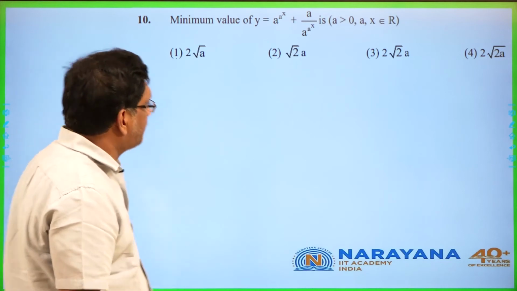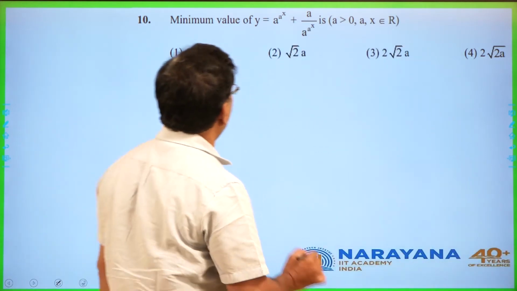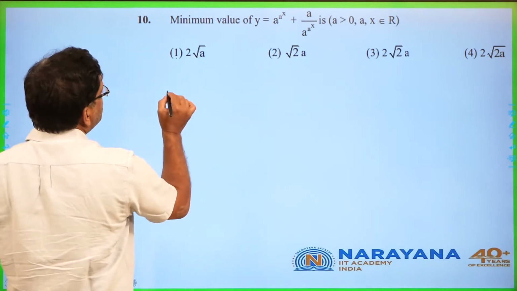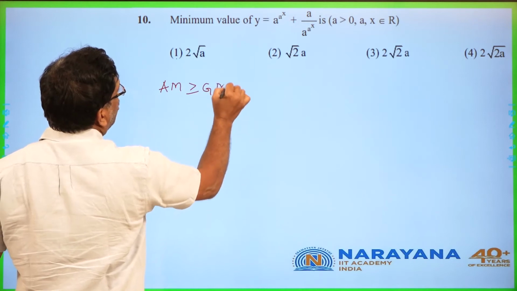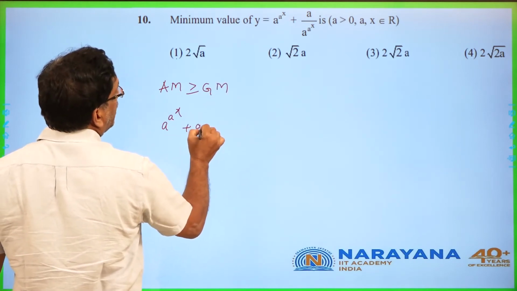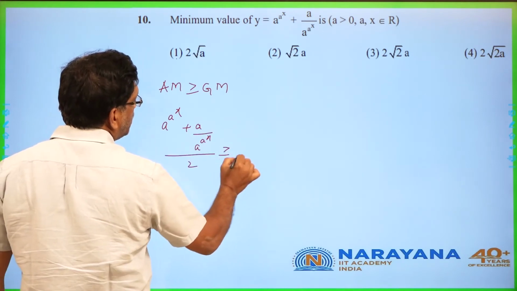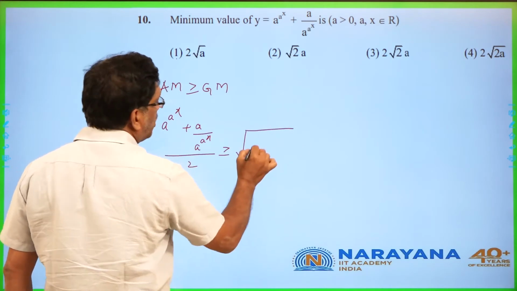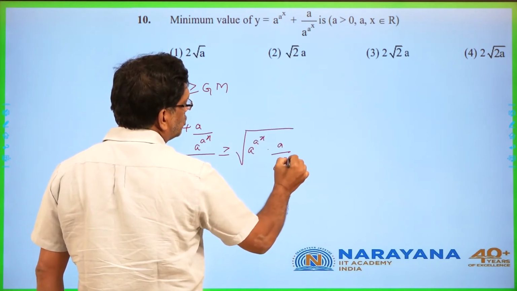Question number 10. One simple problem by using the AM-GM inequality. So whenever this is given, simply go for AM greater than or equal to GM. a^x plus a by a^x is greater than or equal to the square root of a^x into a by a^x.